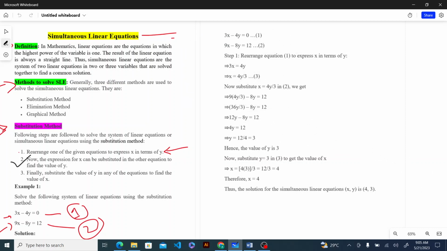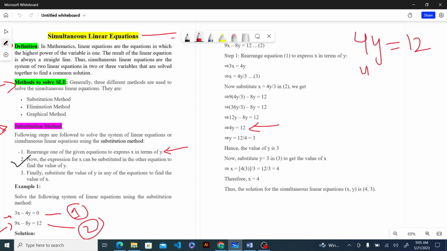Okay, so students, we are here at this step now, 4y is equal to 12.